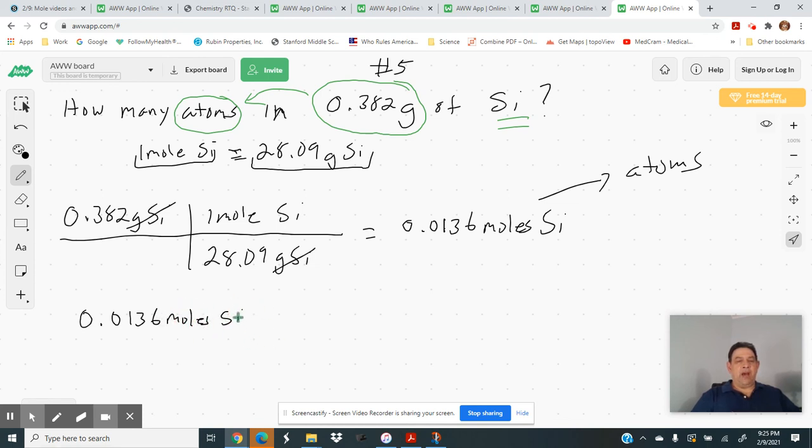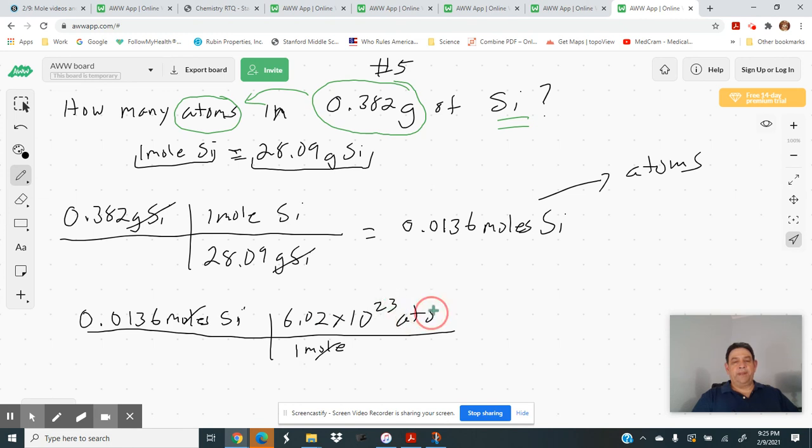How many atoms are in there? Once again, we know that 1 mole is 6.02 times 10 to the 23rd atoms. So 1 mole goes on the bottom, so the moles cancel, and 6.02 times 10 to the 23rd atoms goes on top.